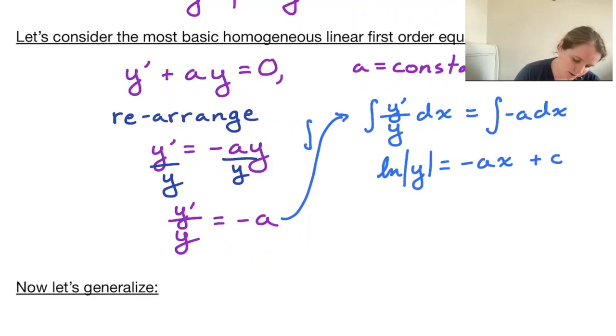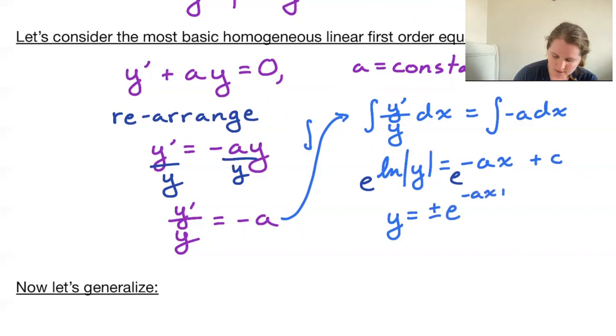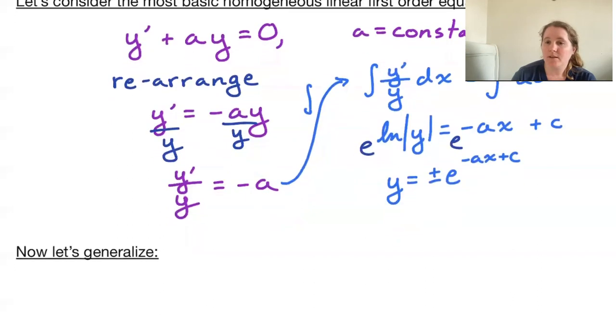If we then do e to the power on both sides, this winds up giving us that y is essentially plus or minus e to the negative ax plus c. And then that plus c, we can rewrite as e to the negative ax times e to the c, and that's just a constant.